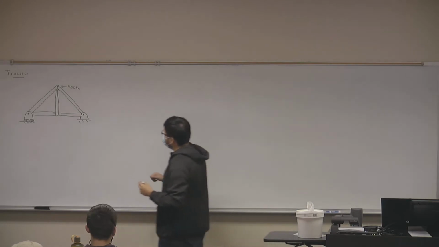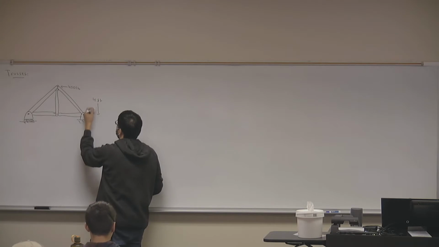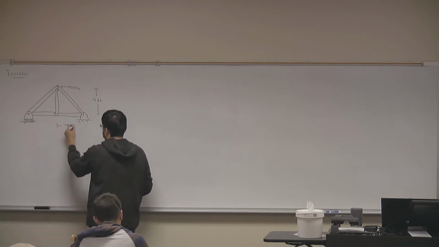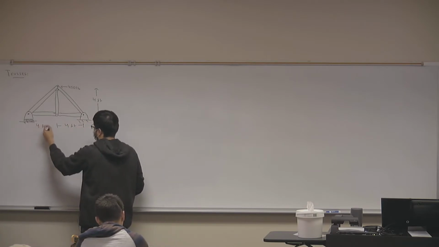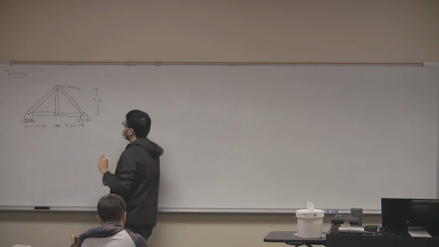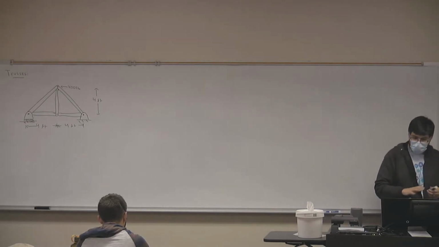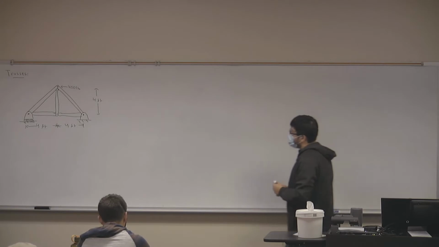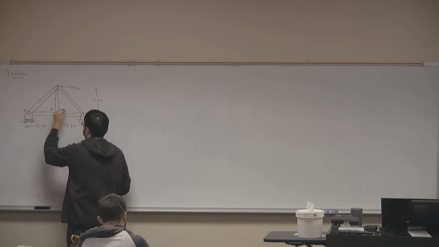Let's say that this truss system is 4 feet in height and then 8 feet in width. So that's what we have. I'm applying a force of 450 pounds on the top truss. And then for simplicity, I'm going to identify my joints as A, B, C, and D.